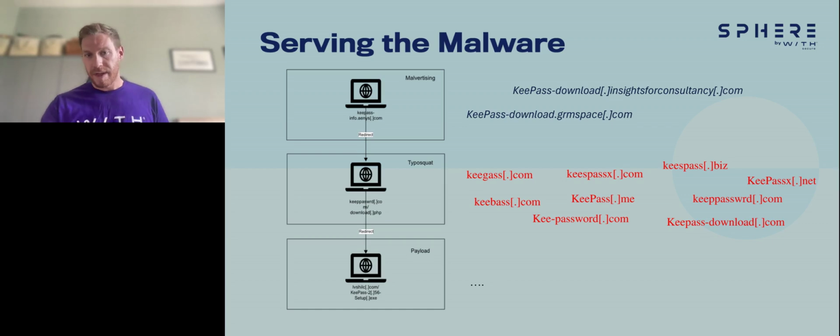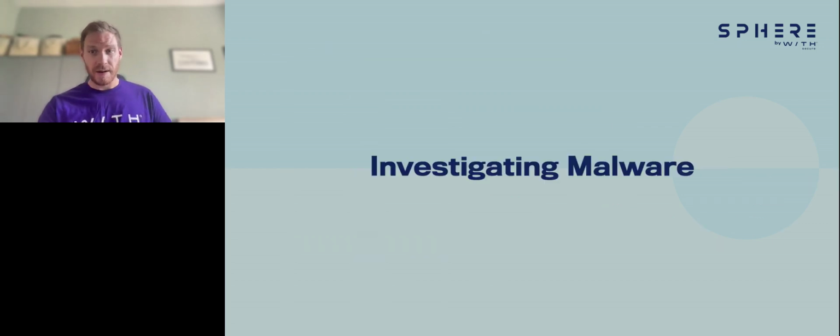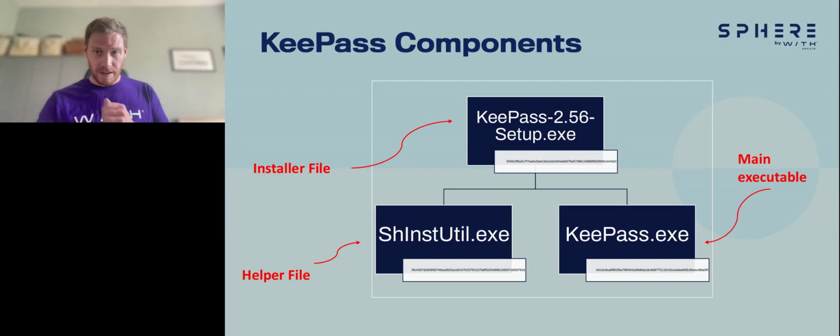And anyway, these domains will then redirect to a payload domain where the malware is served from. Let's investigate the malware now. I'm just going to talk through the KeyPass structure. It is basically made of 3 components, or at least 3 components that we care about in the context of this investigation. One is the installer file, one is the main executable, and one is the helper file.